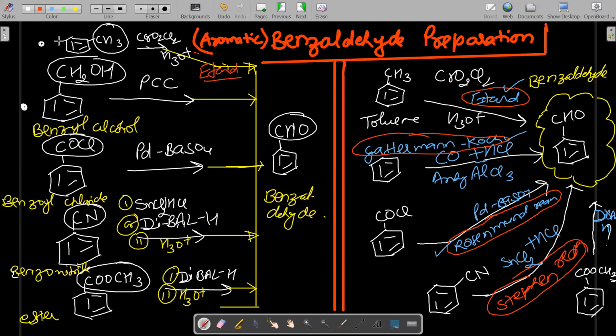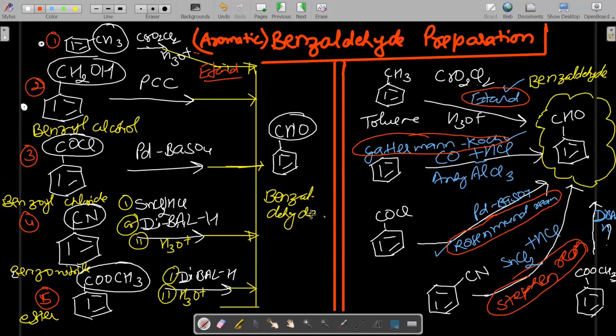So benzaldehyde is obtained from toluene by the Etard reaction, from benzyl alcohol using PCC oxidizing agent, from benzoyl chloride using reduction, that is palladium BaSO4, from cyanide, that is benzonitrile, using DIBAL-H or SnCl2/HCl. We can also obtain it from the ester using DIBAL-H. So by various methods, from various types of compounds, benzaldehyde can be obtained directly.